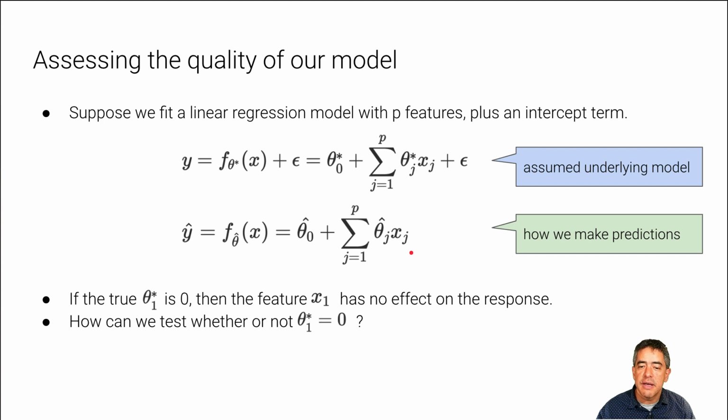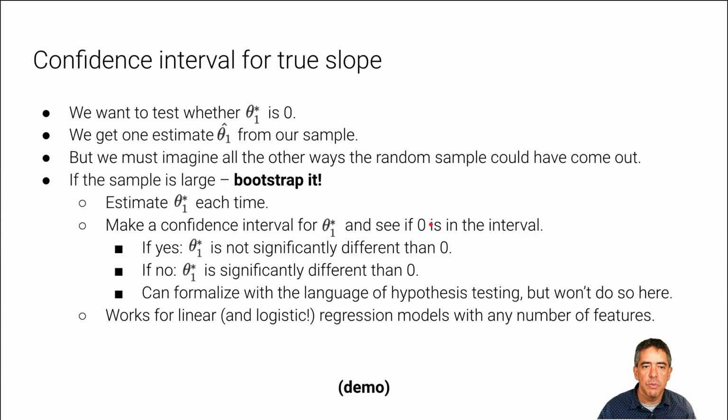But the question is then, how can we know whether we can with some certainty say that a given parameter is 0 or not, since in general we probably will not get exactly a 0, right? So what we would like to know is whether we think with some confidence that theta 1 star, the true value of the parameter, is 0. We are going to get an estimate of theta 1 hat from our samples, which is unlikely to be itself 0.